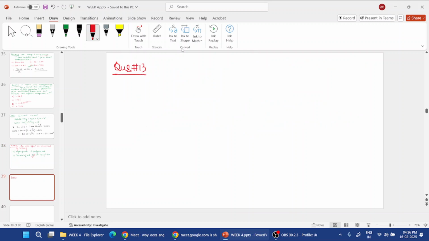There is a factor in the corona which is the irregularity factor. For polished wire, it has been asked here: what is the irregularity factor for the polished wire?